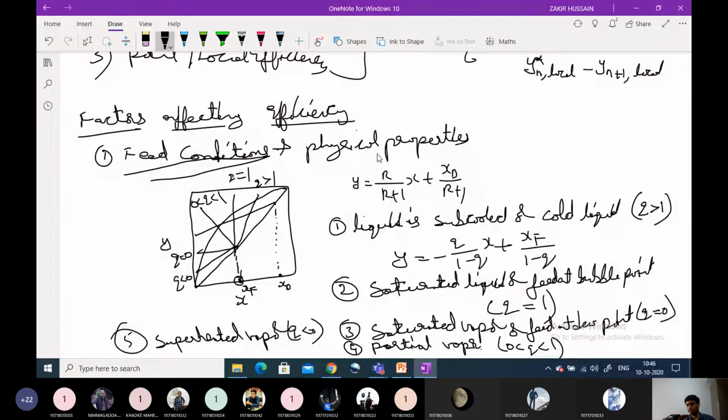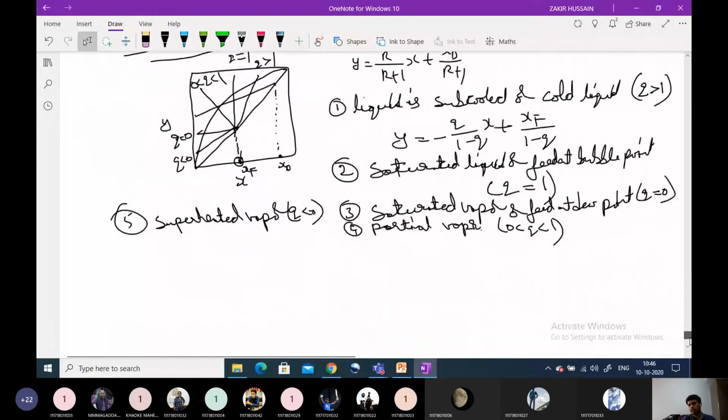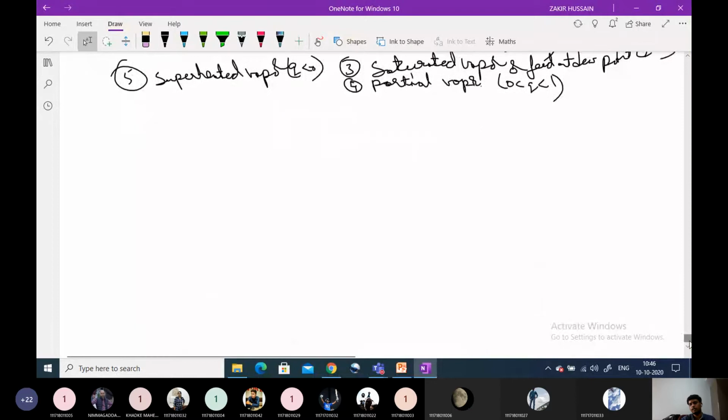And next, the physical parameters like volatility. Volatility should be high. If volatility is high, then separation by distillation is very easy. If viscosity is very high, then pumping cost will be very high, so that will also add a cost to the operation of distillation. If density is high, the liquids usually require a high temperature to reach the vapor phase.